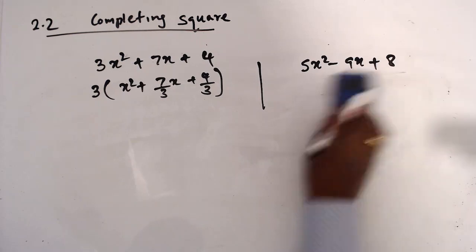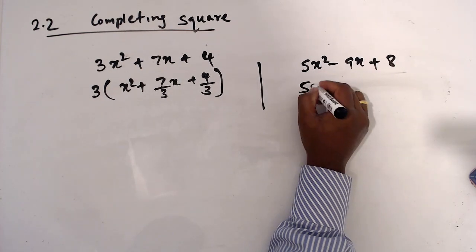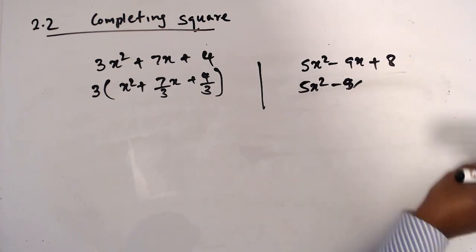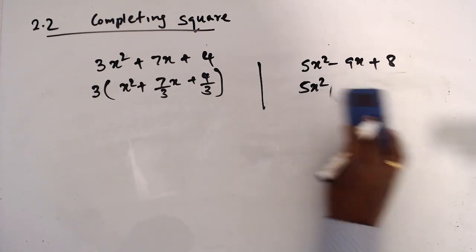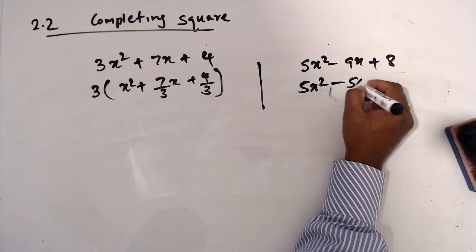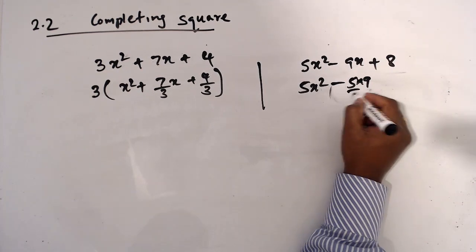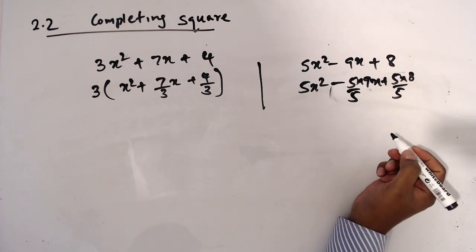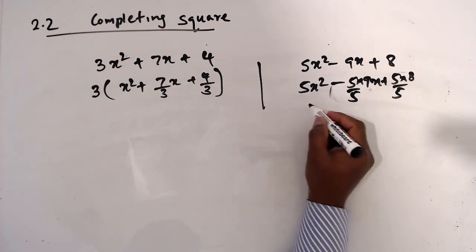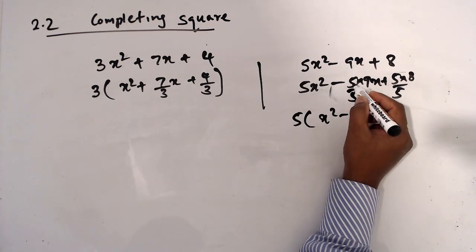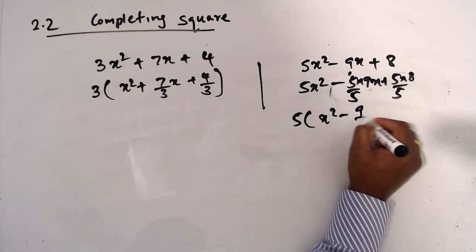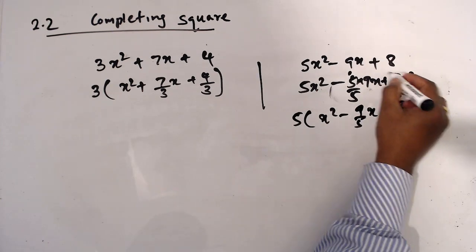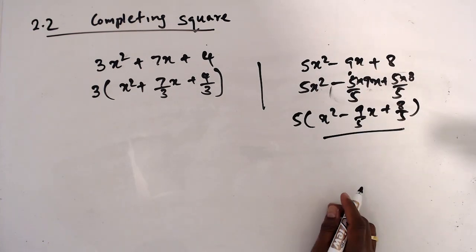What I really did here: 5x square, there is no 5 to take from the others. So I multiply by 5 and divide by 5 for 9, and 5 multiplied by 8 divided by 5. Then I have a 5, and I can take 5 out. When I take this 5, 9 over 5 is remaining, and when I take this 5, 8 over 5 is remaining.